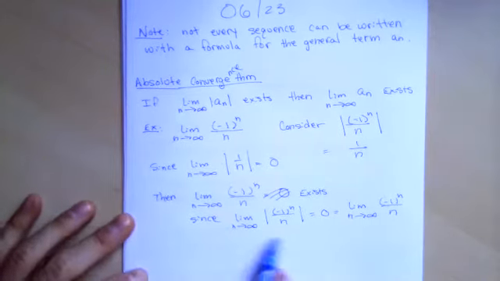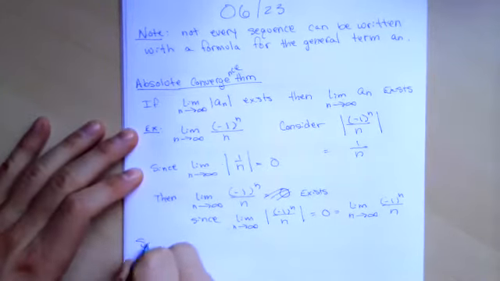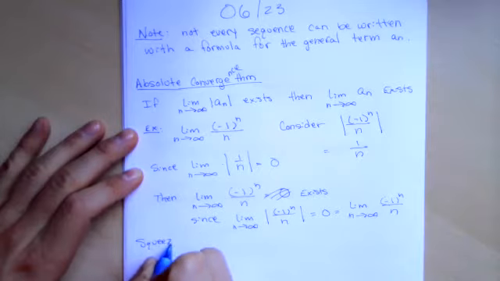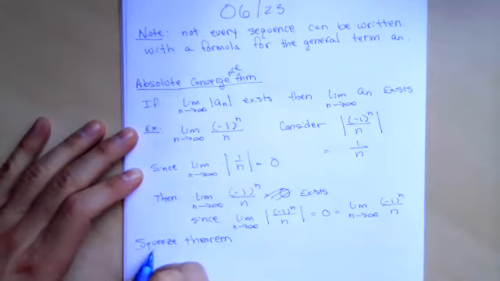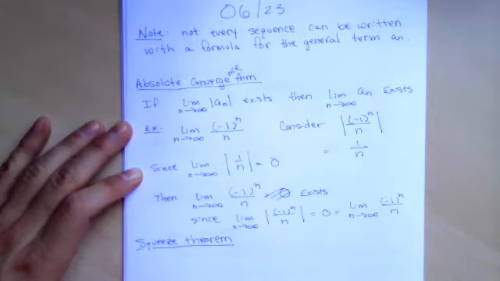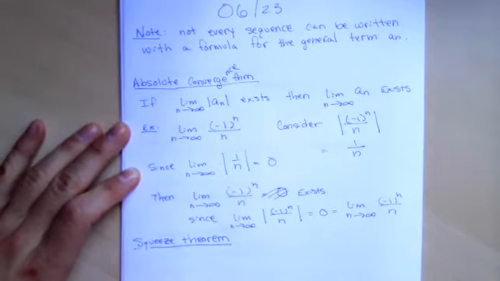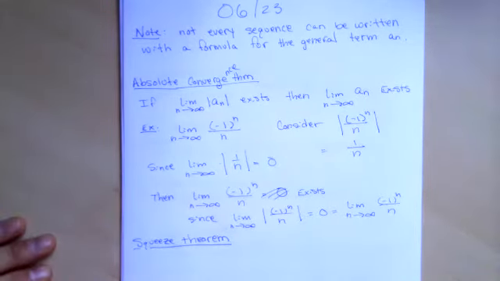This is also a consequence of the next theorem, which is the squeeze theorem. And I think you guys have probably seen some version of this for functions in Calc 1. So what does the squeeze theorem say?